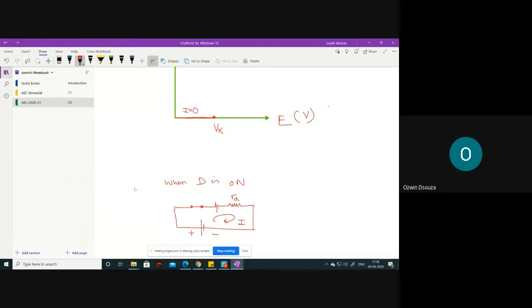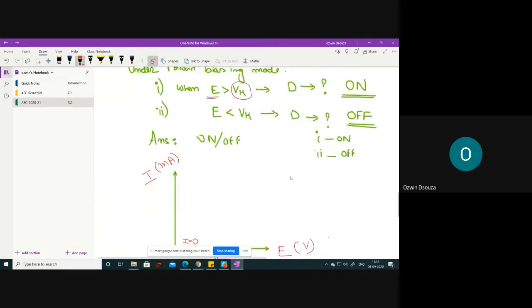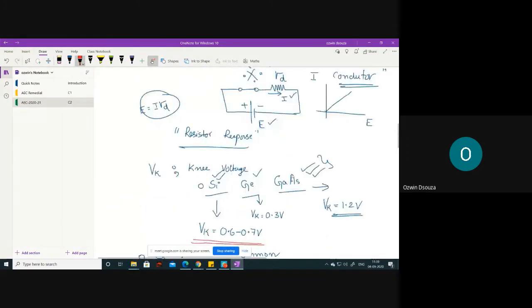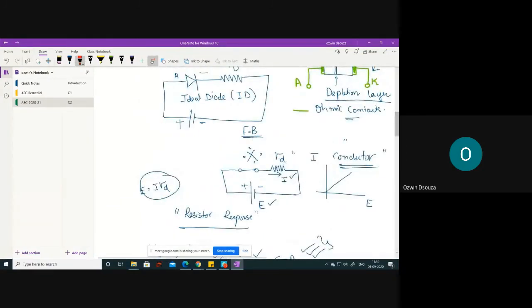Basically, for on condition, you are left with RD. What is the response of resistance against current? You have already seen, you get a linear response. This is equivalent to this circuit. Of course, there is a barrier potential that we have already considered, because till barrier potential, current is 0. Beyond barrier potential, there will be a flow of current. That is what we have explained.